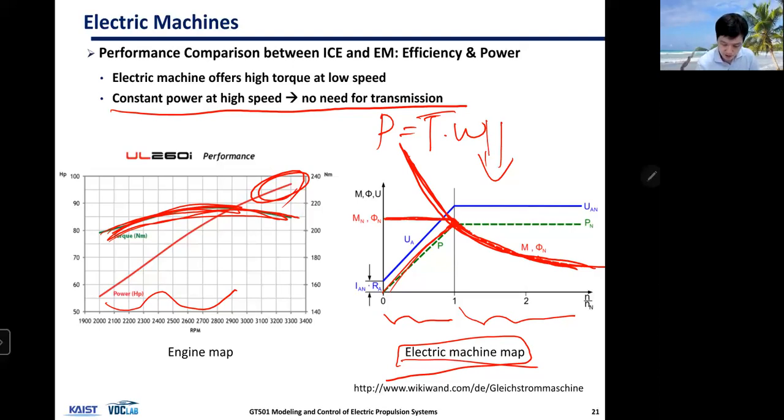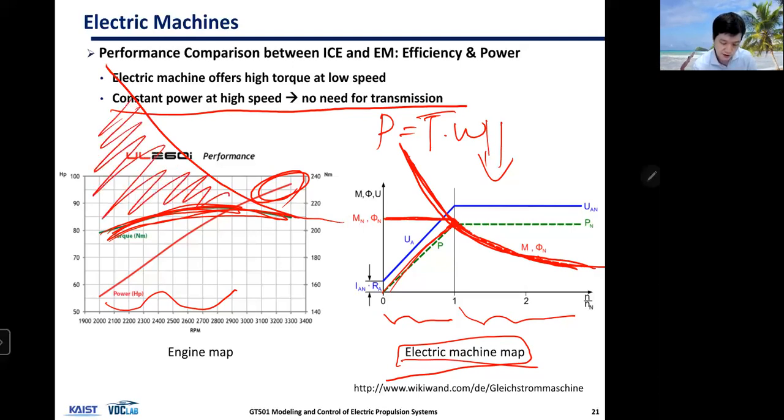But the engine, if you think about it, is looking something like this. Okay, so you have a lot of losses here. You're not fully generating all the torque and power for this region, but for the motor, you are actually generating all the full power except for this region. Okay, but that's not bad compared to engine.